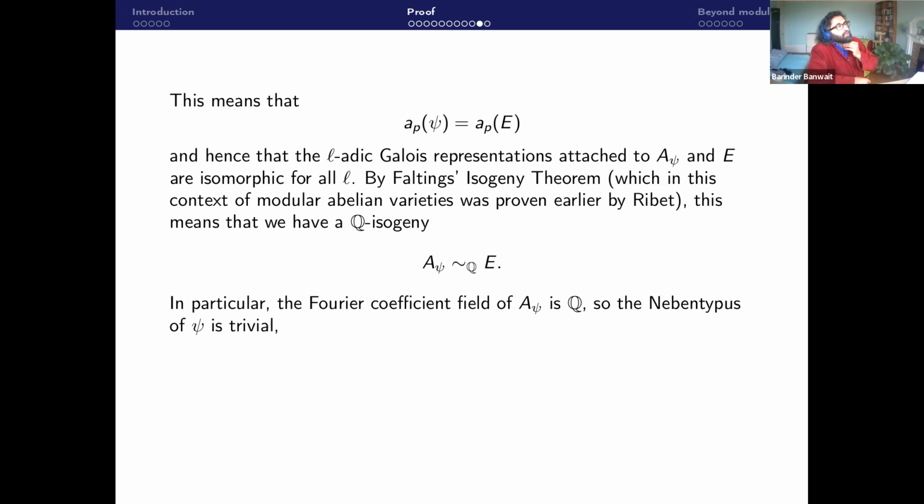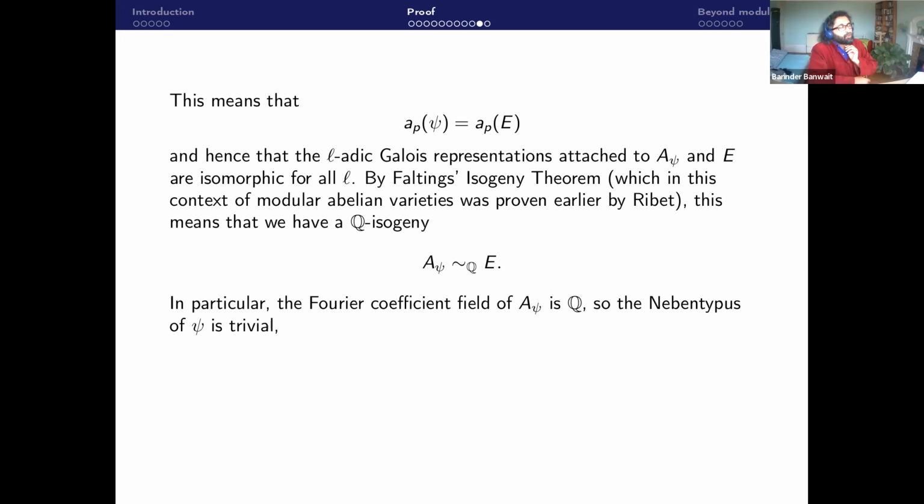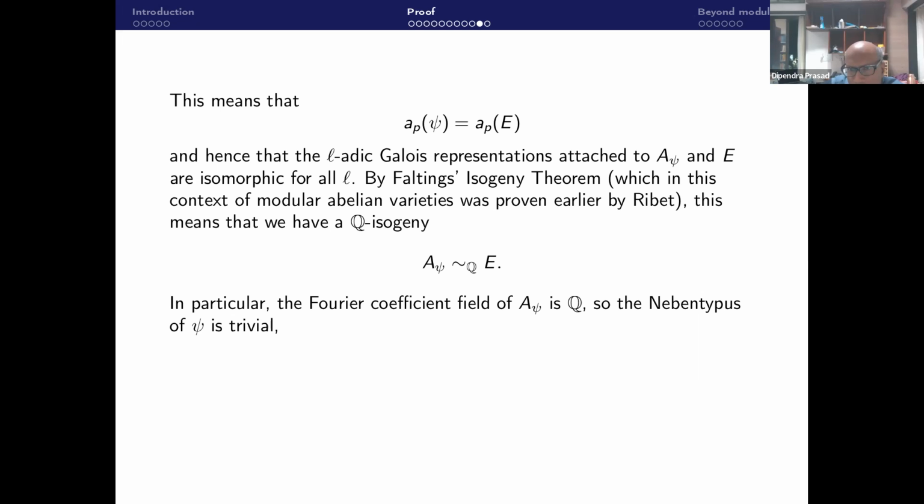Okay, so it could be the Dirichlet character of order 2. Yeah, could be. That's okay. It's just a twist of the original elliptic curve. That would be a quadratic twist. But that would not say that E is modular, but that E's quadratic twist is modular.